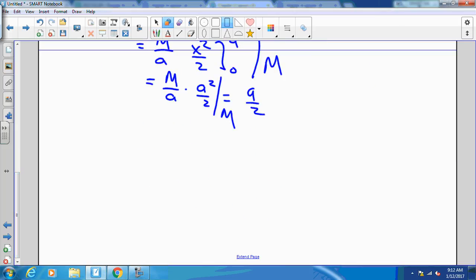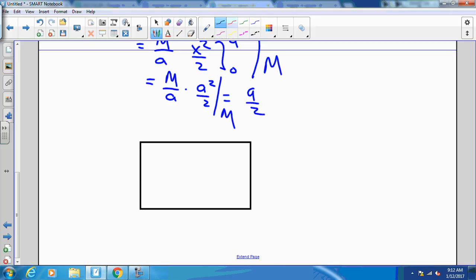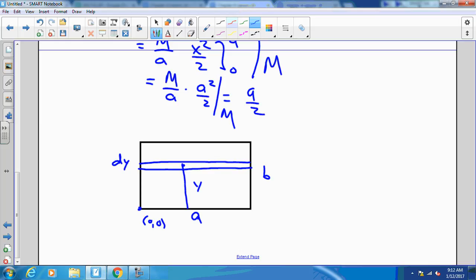Well, the same kind of consideration happens in the y direction. Here's a rectangle. We have A, B, but now because I'm going in the y direction, we are going to split up our object into horizontal strips that have a height of dy that are located at the location y.